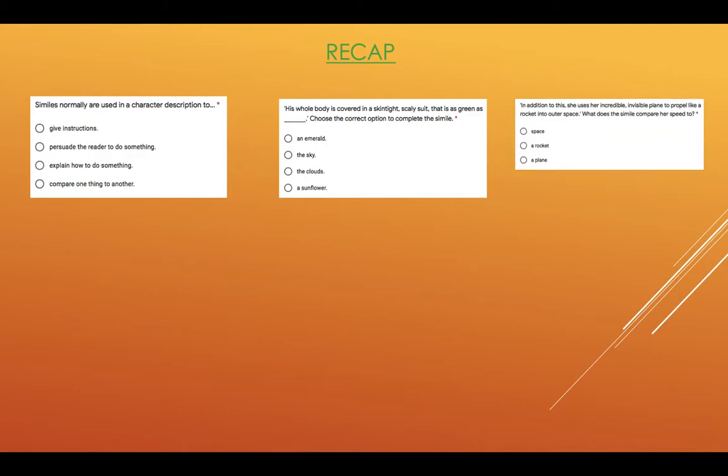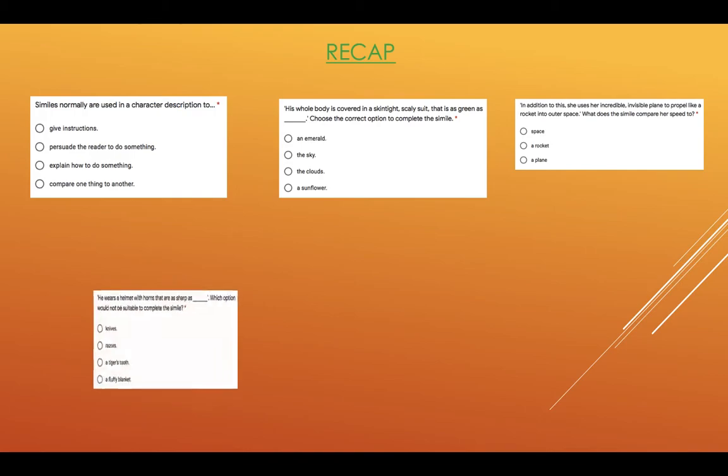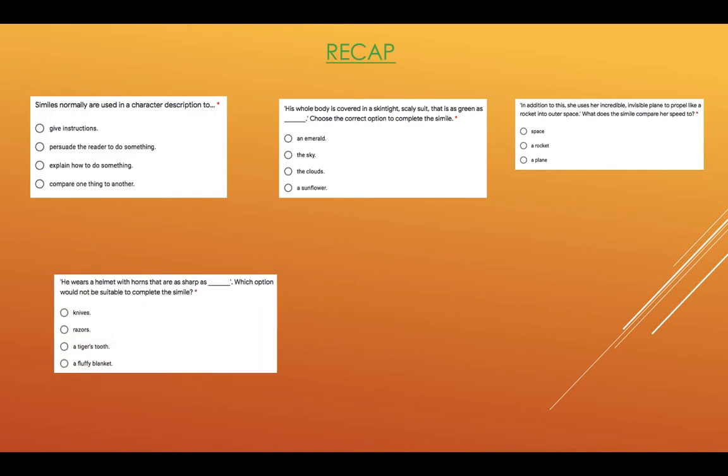Number 3. In addition to this, she uses her incredible invisible plane to propel like a rocket into outer space. What does the simile compare her speed to? 1. Space, 2. A rocket, or 3. A plane? Number 4. He wears a helmet with horns that are as sharp as. Which option would not be suitable to complete the simile?